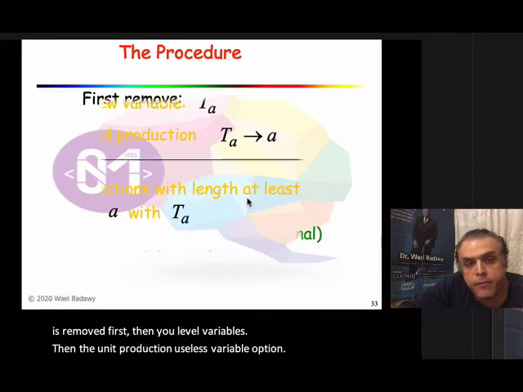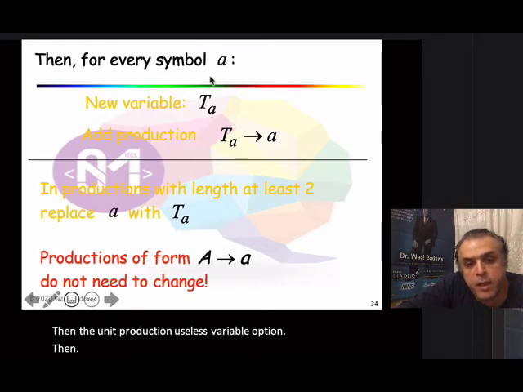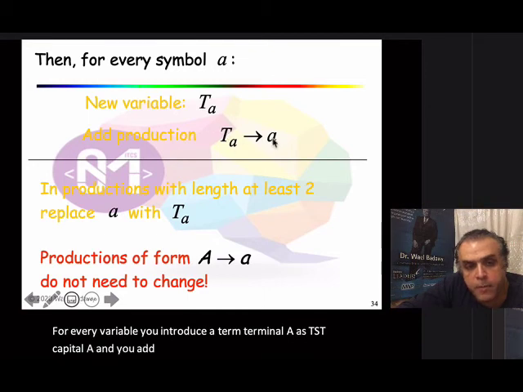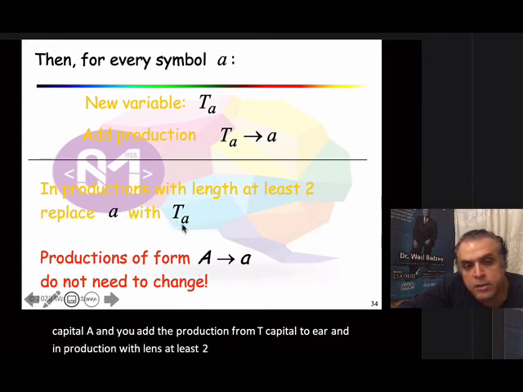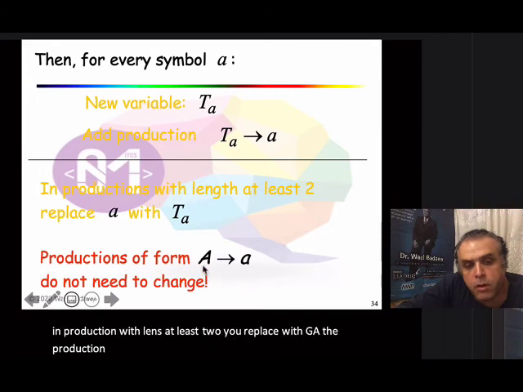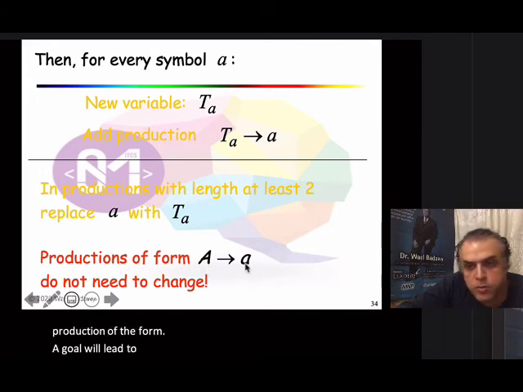Then for every terminal a, you introduce a variable Ta, and you add the production from Ta to a. In productions with length at least 2, you replace a with Ta. A production of the form A leading to terminal a does not need to change.